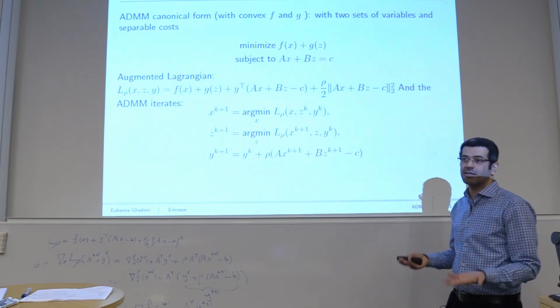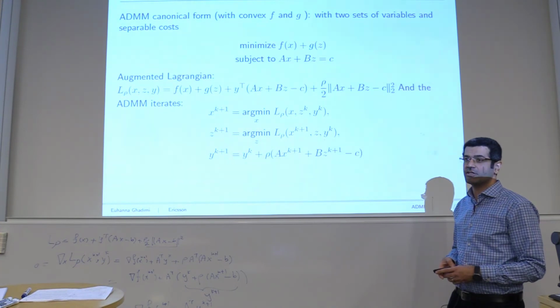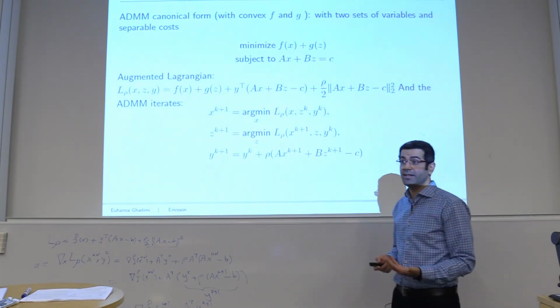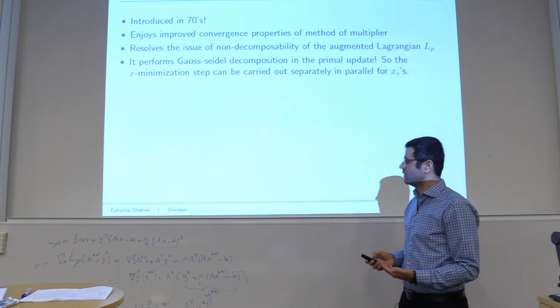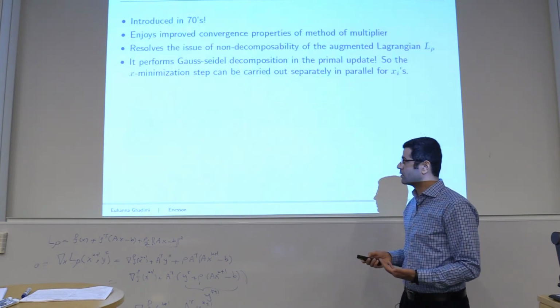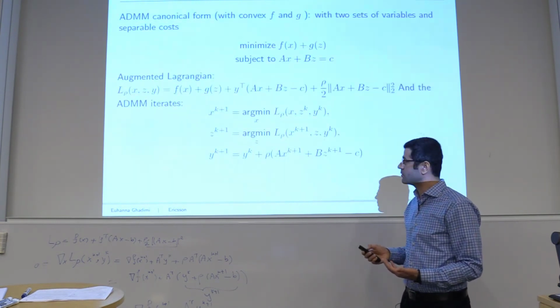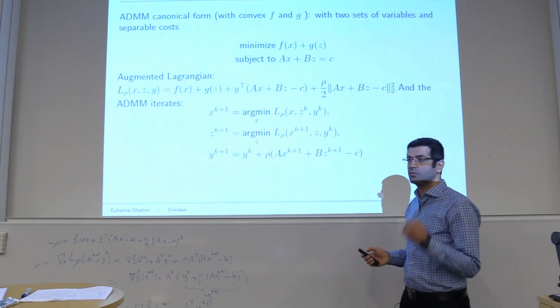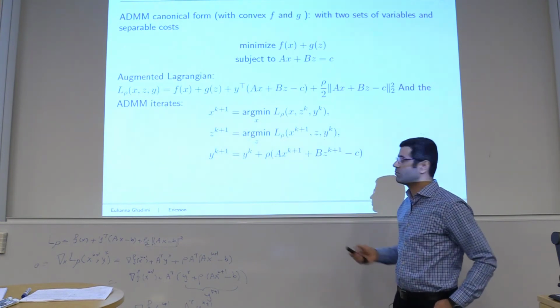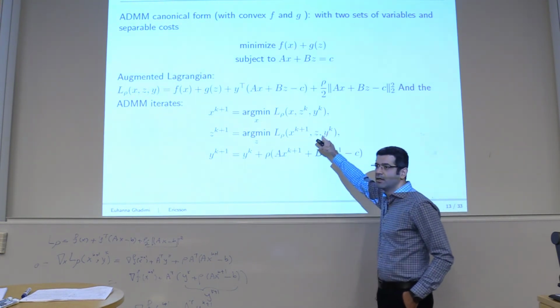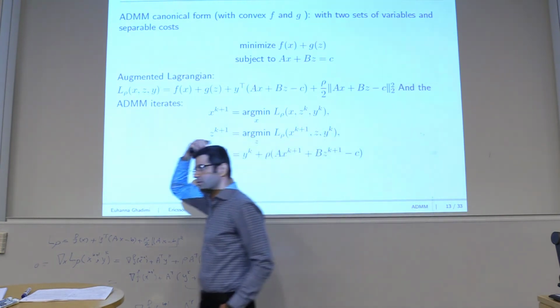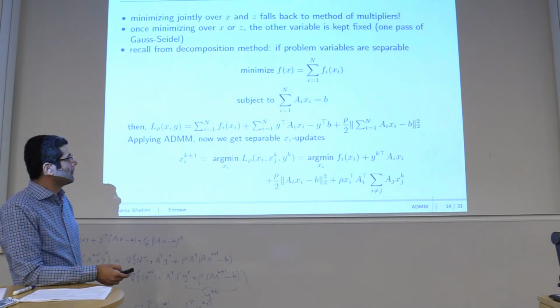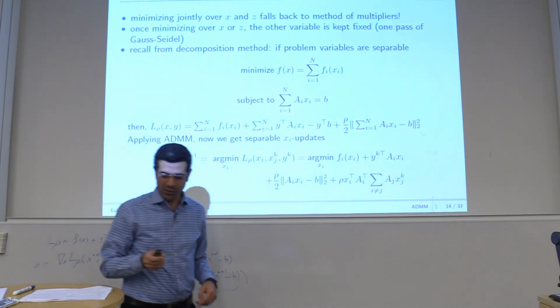That exactly could be the augmented Lagrangian method. Instead, here you don't solve x and z to optimality. You freeze one and just do one step of Gauss-Seidel. Multiple steps of Gauss-Seidel here probably converge back to the augmented Lagrangian. Yeah, I think this goes back to your question.